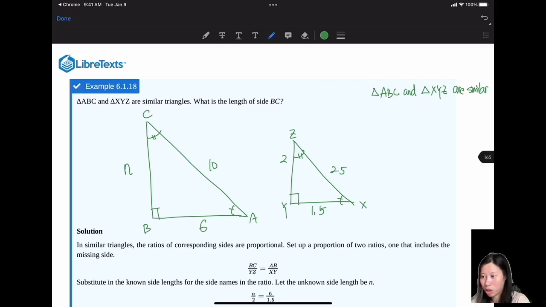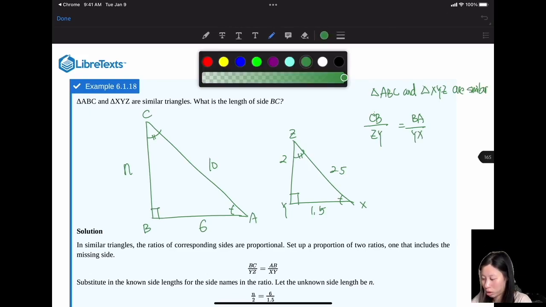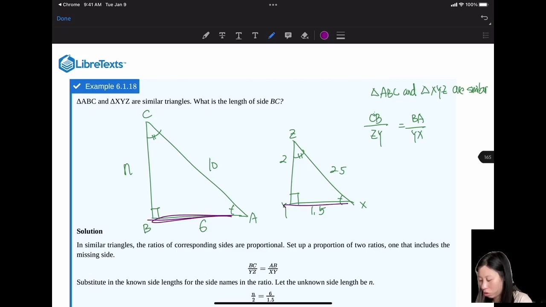The ratios of the corresponding sides are proportional. That means the proportions should be the same. So that means the ratio of CB over ZY should equal the ratio of BA over YX, which is these two equal to these two.